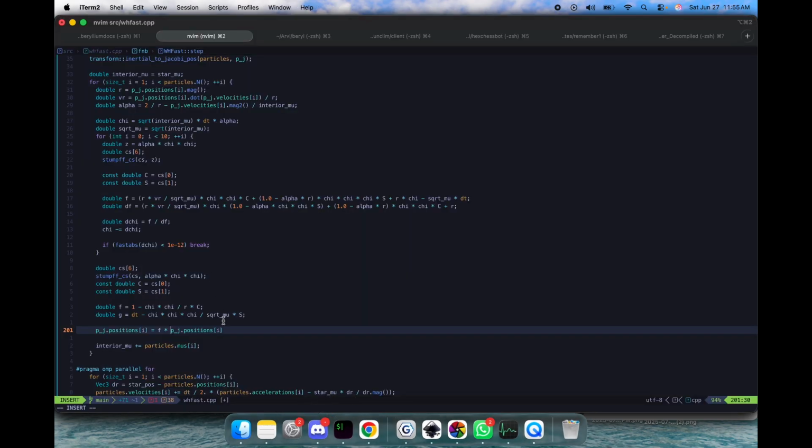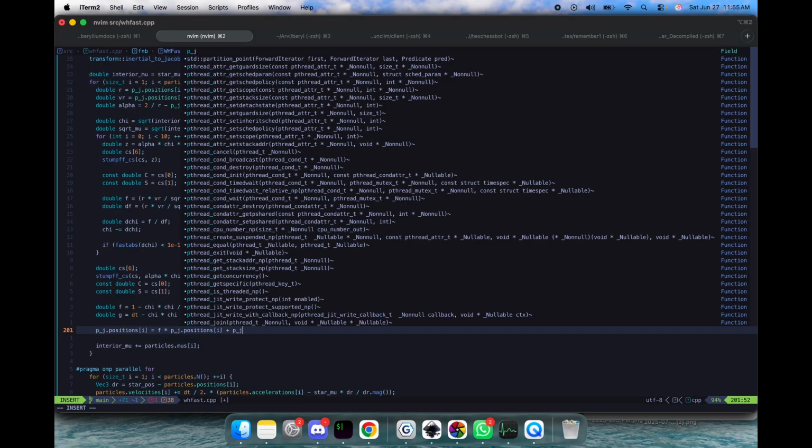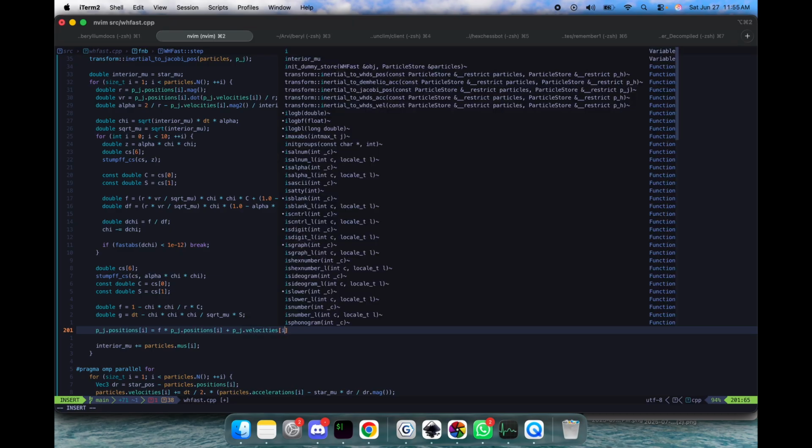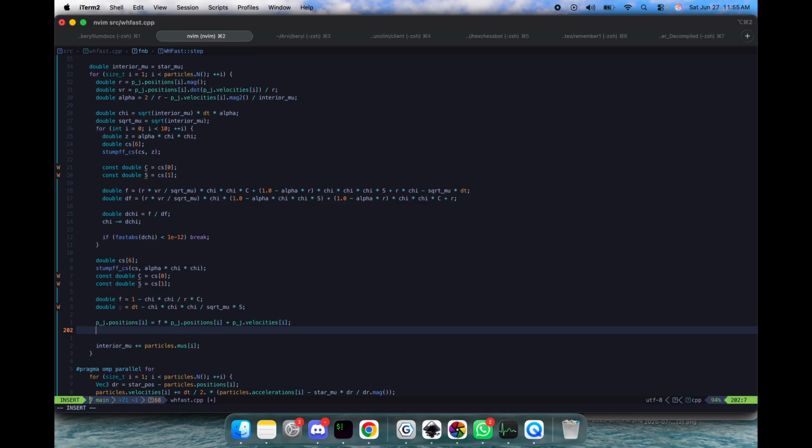So anyway, pj dot velocity is index I. I'm just gonna put this in here. Please help. What is f prime and g prime?